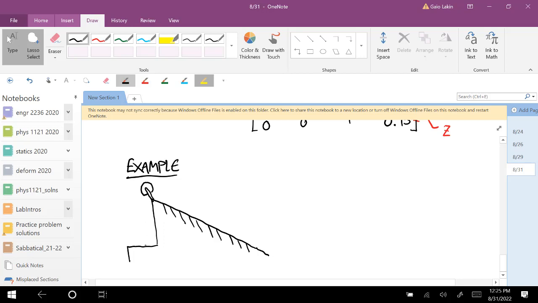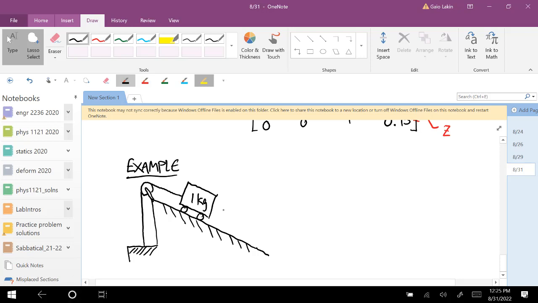This time, the cable goes over the pulley and just attaches to the ground. And the other end of the cable connects to a cart with a mass of 1 kilogram.